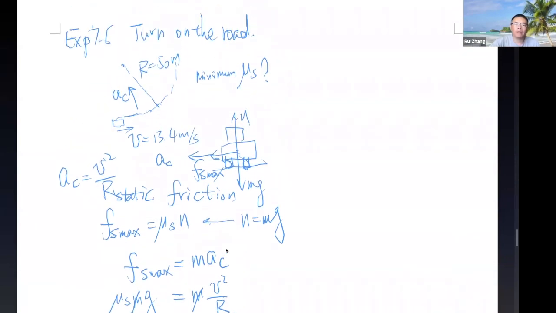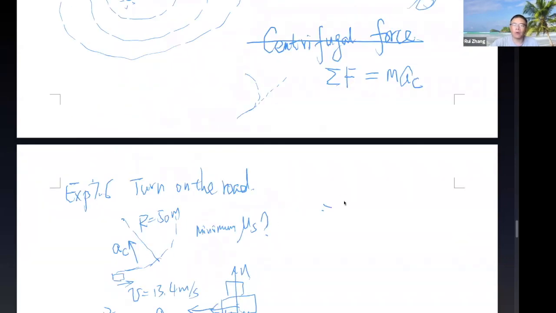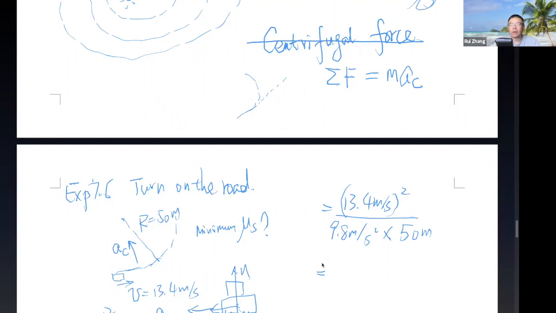So plugging numbers, v squared is 13.4 squared. g is 9.8 meters per second squared, and r is 50 meters, okay? So together we have this combination here. So now you go ahead and calculate the number.